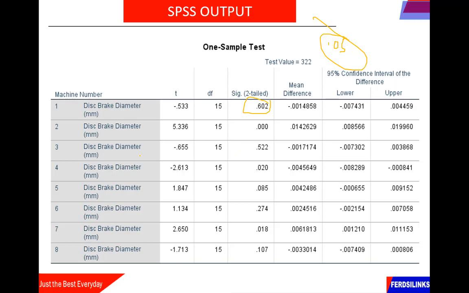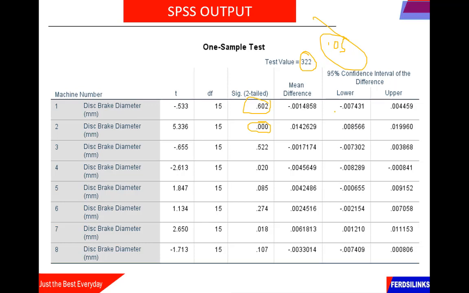Now if you check with machine 2, the second machine, you discover that this is significant. And what this means is that what this particular machine is giving differs from our expectation to a great extent. So we cannot use this machine. This machine cannot give us our expected results. It will not be an ideal tool for us to use.